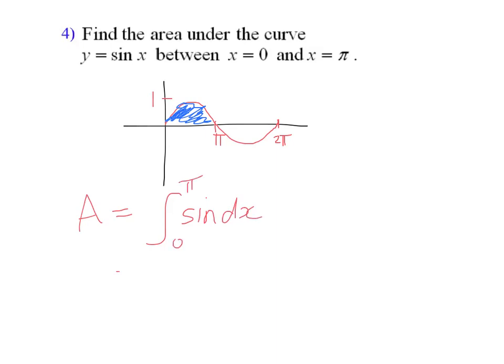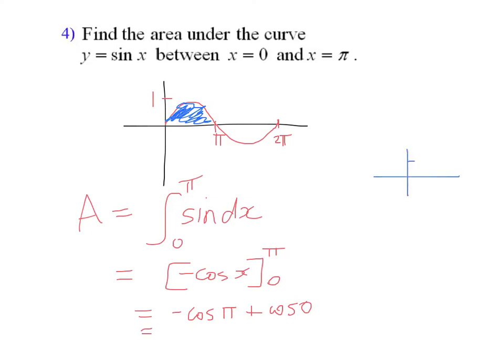Now remember, sine integrates negative, so the integral of sine x is negative cos x between pi and 0. And because it's a definite integral, we're going to sub in those values. So we've got negative cos of pi minus negative cos of 0. And cos of pi, let me just quickly draw a cosine curve.